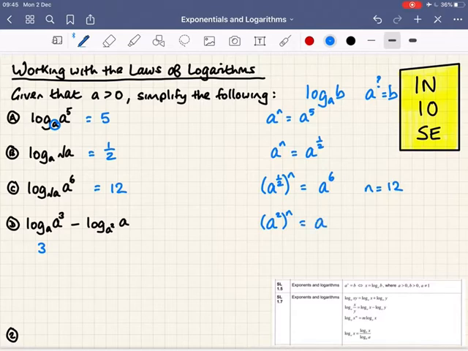Well, a is a to the power of 1. So 2n has to equal 1, so n must be a half here. So the solution to the second part is a half. 3 minus a half equals 2.5. So log to base a of a cubed minus log to base a squared of a is 2.5.